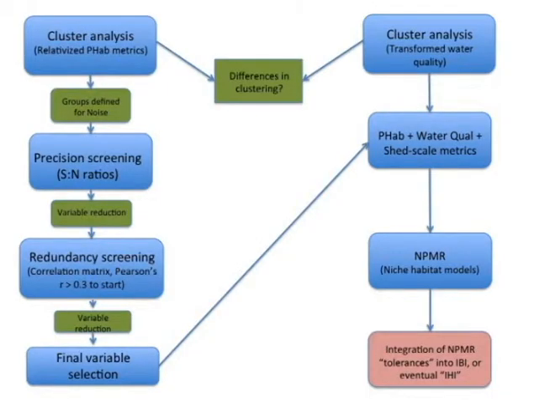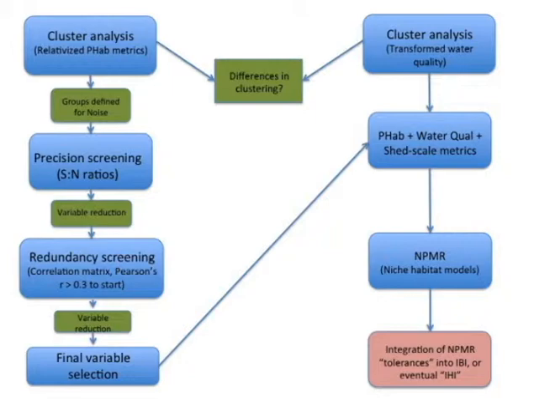Now this is just a conceptual model of how we interpreted the PHAB data. So how did we get to the point where we knew which variables to use? I've walked you through most of these steps already, so I won't belabor this. We did our cluster analysis, defined our groups by noise using this precision screening, and then eliminated all the variables that were too noisy to actually tell us anything.